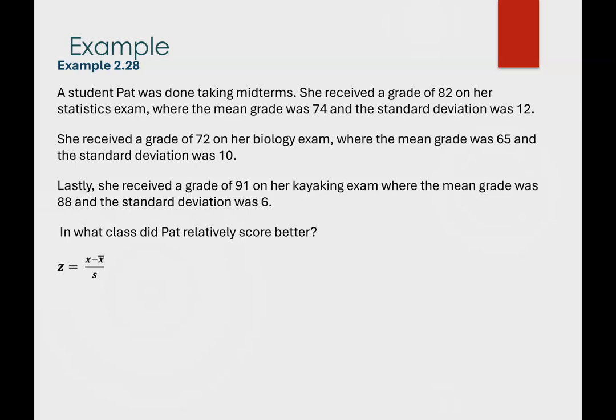The formula is z equals x, which is our variable value, minus x bar, which is our mean. You do that operation first, then divide by s. Standard deviations are always positive, but the z-scores could be negative or positive, so it could be above or below.